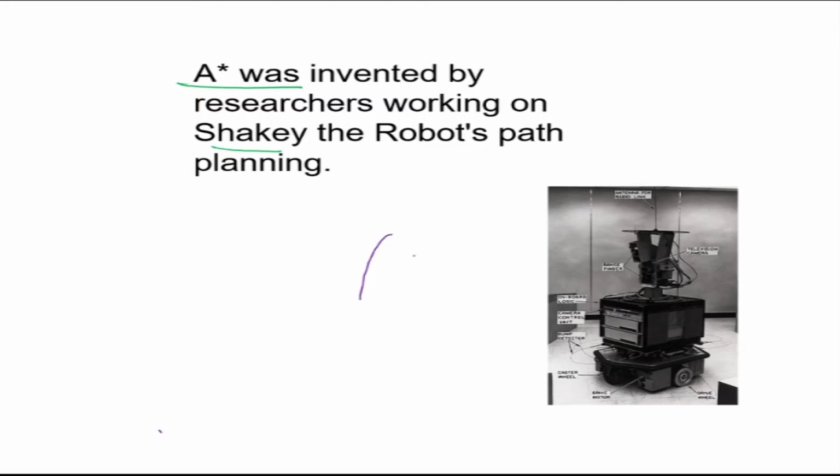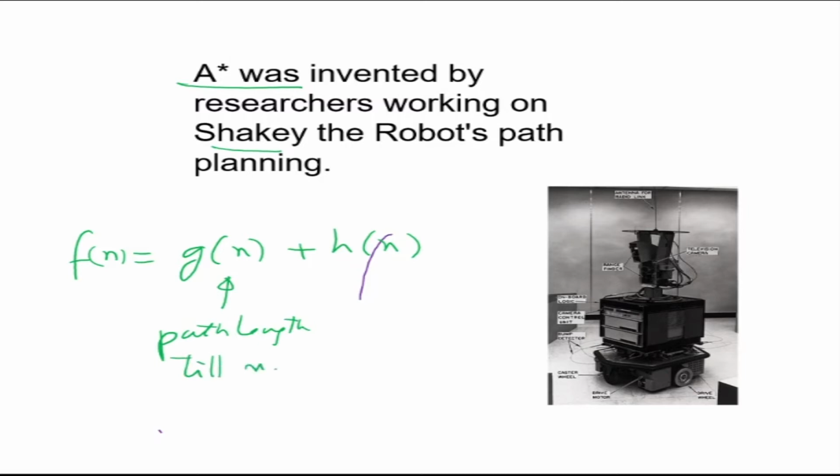Now what A star does is it evaluates a function f(n), which is a sum of two functions, g(n) plus h(n). Here g(n) can be the path length till that particular node. So suppose you are at node A and your next node is node B, then this is the path length till this node, and h(n) is a heuristic, which can be the distance to the goal.